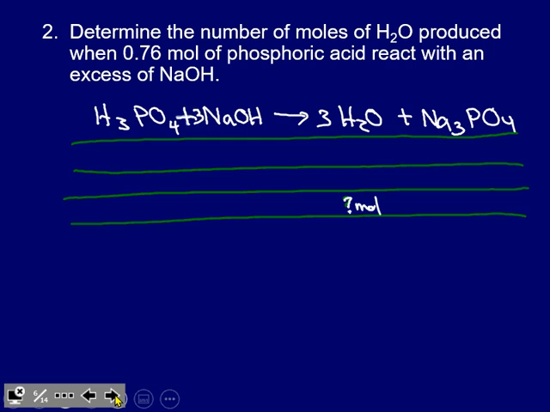Yep. Double displacement reaction. Okay. 0.76 moles of phosphoric acid. 0.76 moles.